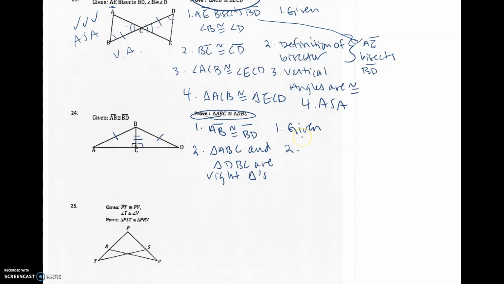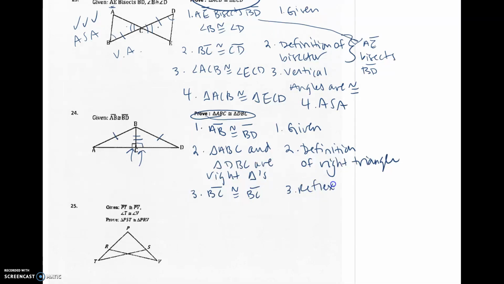And we could really just come back to what the definition of a right triangle is. So by definition, triangles with right angles are right triangles. And then lastly, we could say that BC is congruent to itself, and that's the reflexive property.